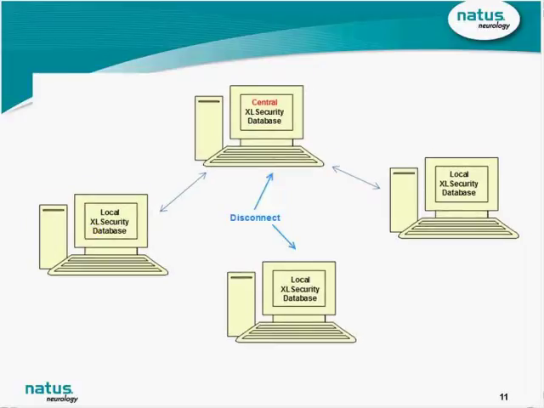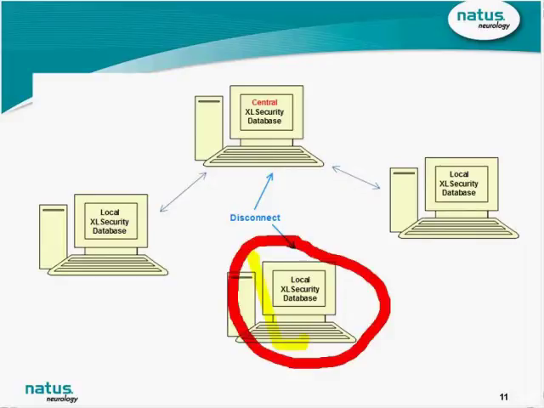Now let's look at a scenario where, let's say, you've got a portable machine, or one of your computers is severed from the network. If this computer down here loses its connection with the central XLSecurity database, it will continue to use the rules from the last time security rules were updated on the bottom machine, until there is a connection.